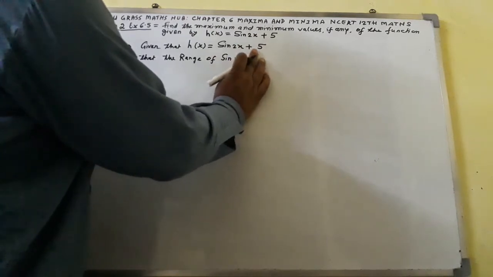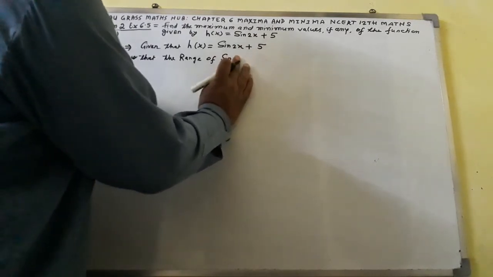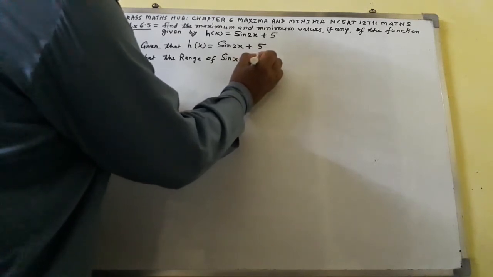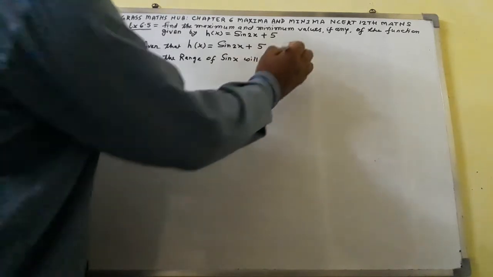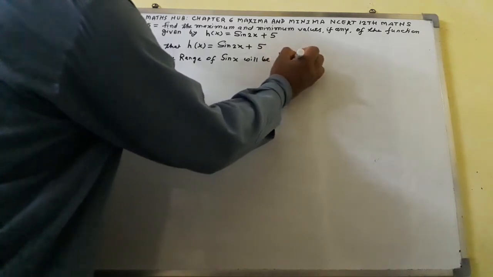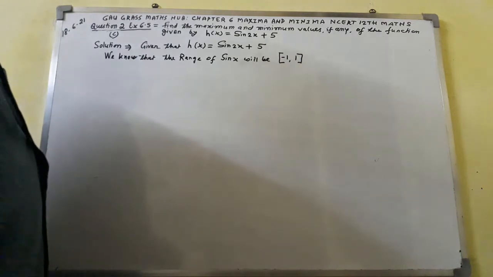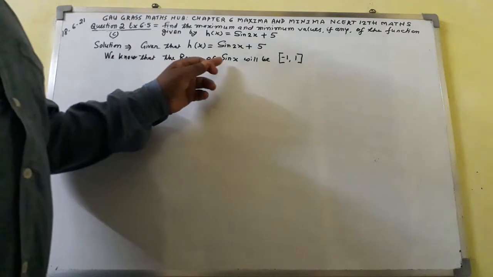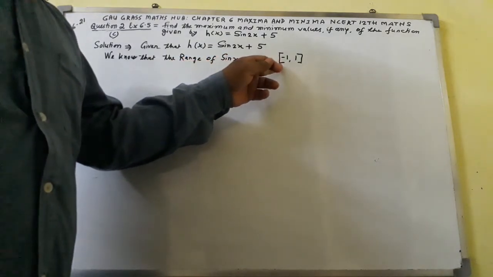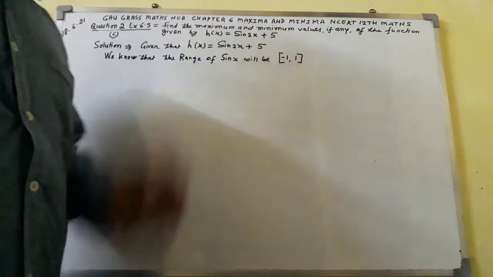We know that the range of sin x will be the closed interval -1 comma 1.